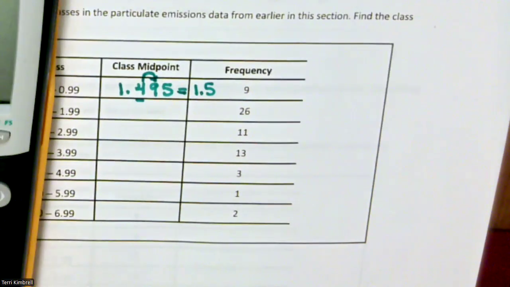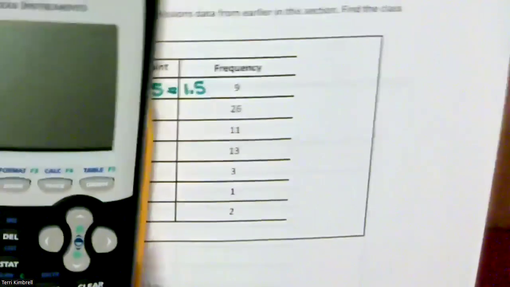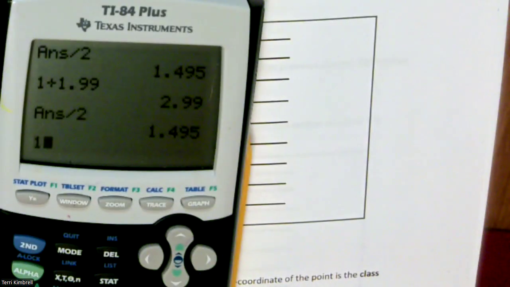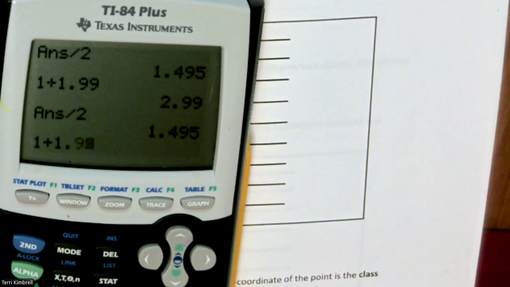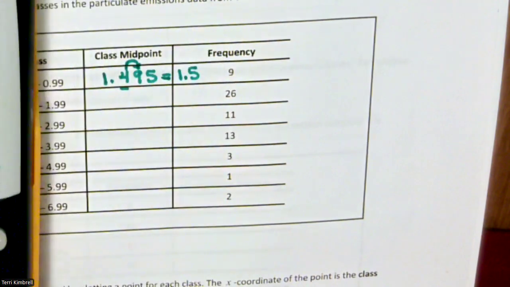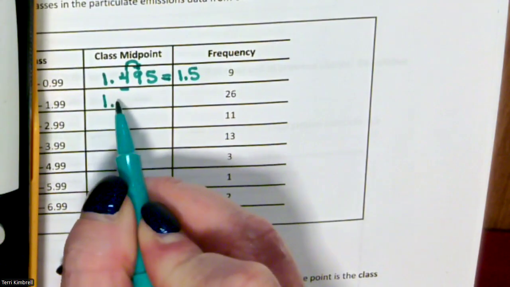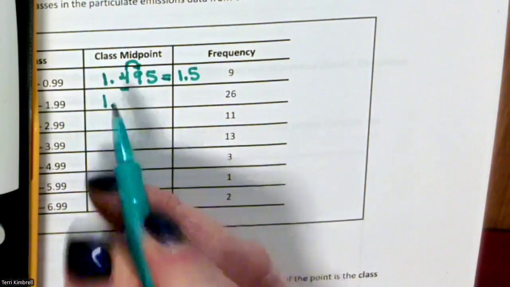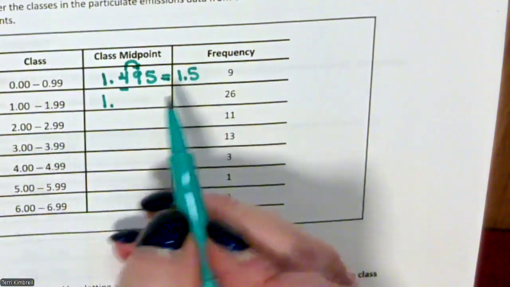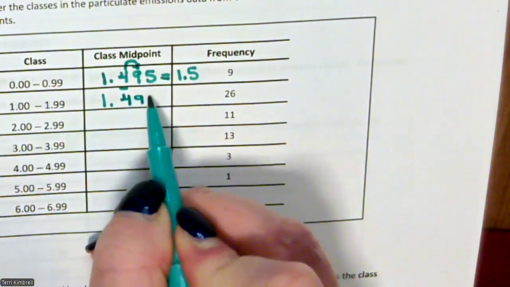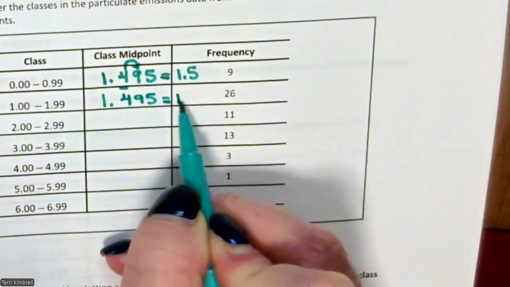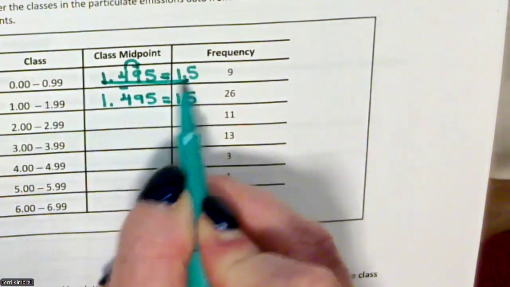So if I'm doing the 1 plus 1.99 and divide that by 2, that would be 1.495. I think that's the one I did a while ago by accident. I'll fix that in a second, which is approximately 1.5.